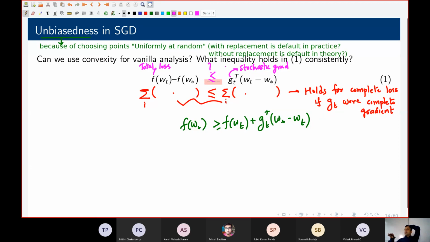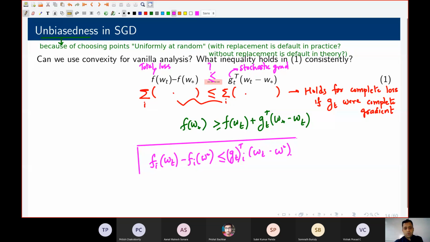Is this clear? I can say that for the ith point, if I only compute the inequality at the ith point, then it's fine, right? So FiWT minus FiW star is less than or equal to GTi transpose (WT minus W star). Assume this holds exactly.